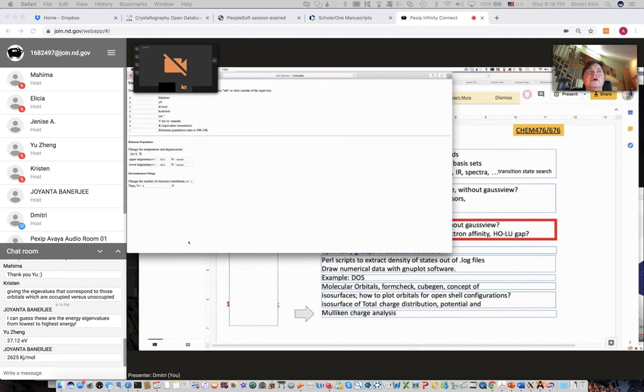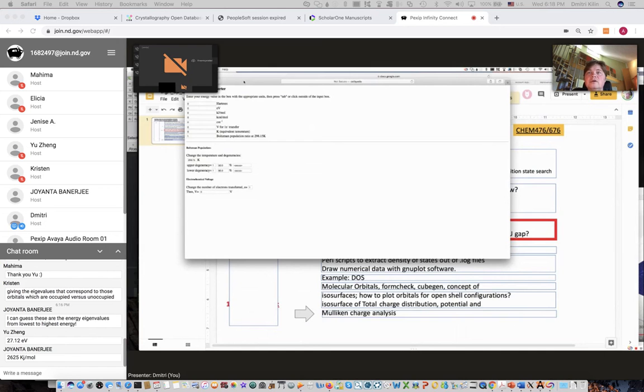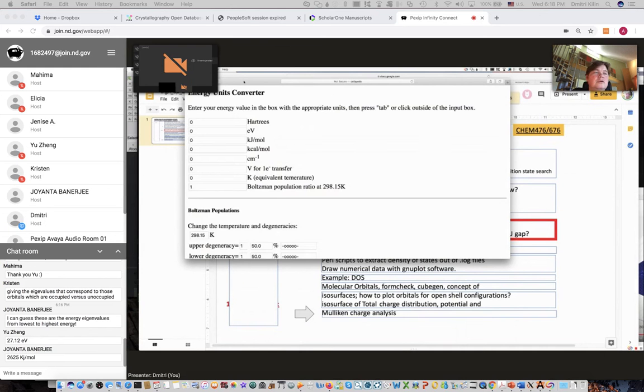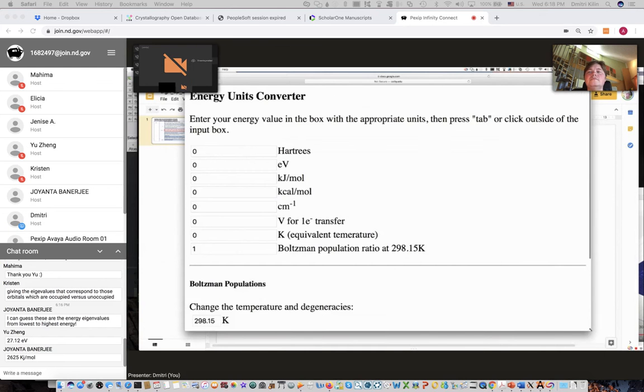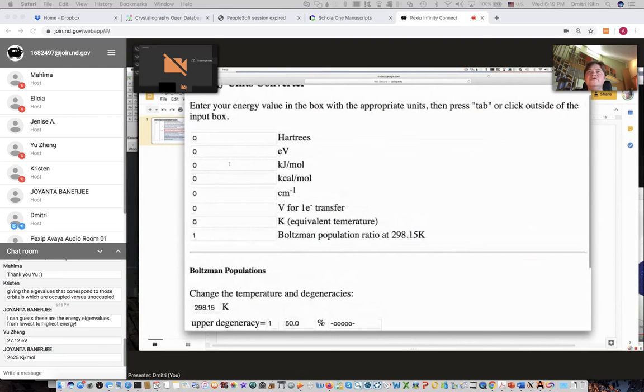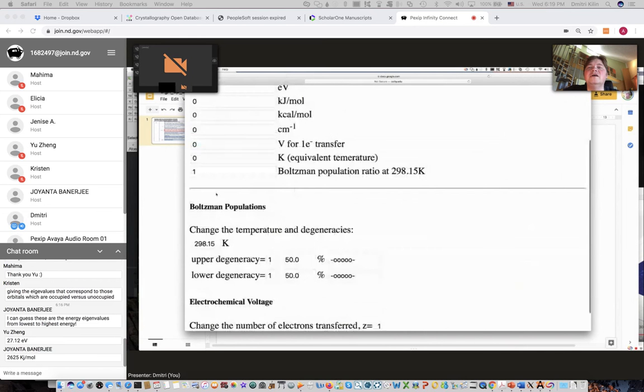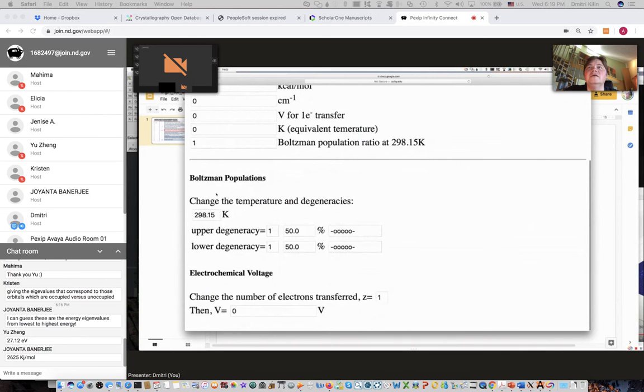Let me increase the font. So another name for atomic units is Hartree. And it is kind of natural if we are doing Hartree-Fock, then the units for these calculations are Hartree.